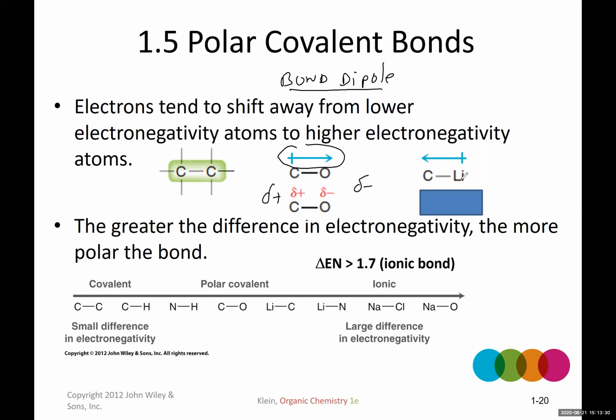Lithium is a metal, and metals have very low electronegativities. So the direction of the bond dipole is towards the carbon: the lithium is positive and the carbon end is slightly negative. The greater the difference in electronegativity between the bonded atoms, the more polar the bond.